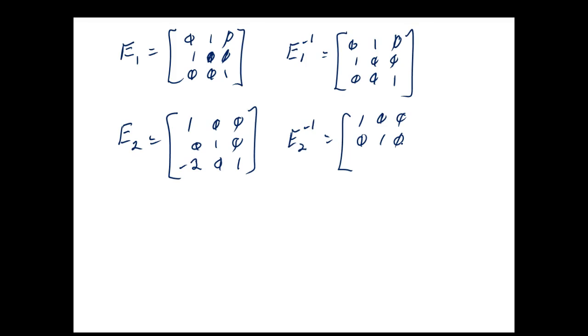I was tempted to say 1/2. No, not quite. I was tempted the first time I did this to do the same thing. Now, imagine you're multiplying these two together. You want to get the identity matrix. So this is going to be a 1 plus 0 plus 0. So this thing could be anything because it's going to be multiplied by a 0. It doesn't mean this is a 0. It could be anything.